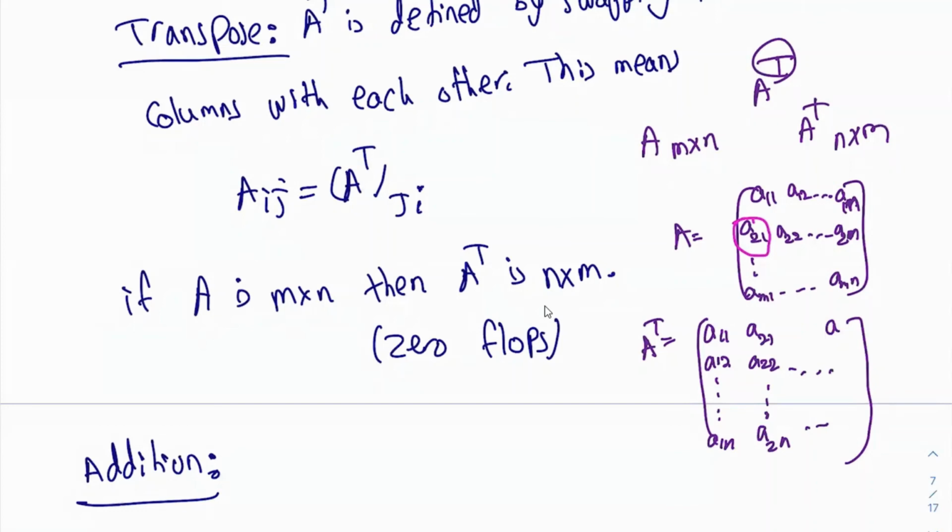We used to have m rows and n columns, and now we are going to have n rows and m columns. So the last column is going to be Am1, Am2, all the way to Amn. Okay, great.